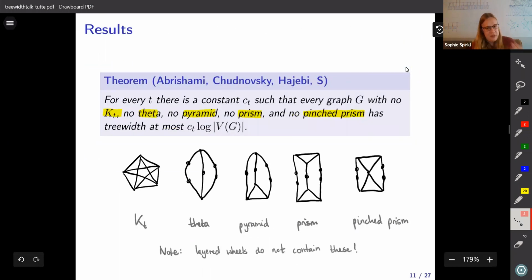But the thing I want to tell you a little bit more about is this. So now what will happen is we will prove a logarithmic bound on treewidth.